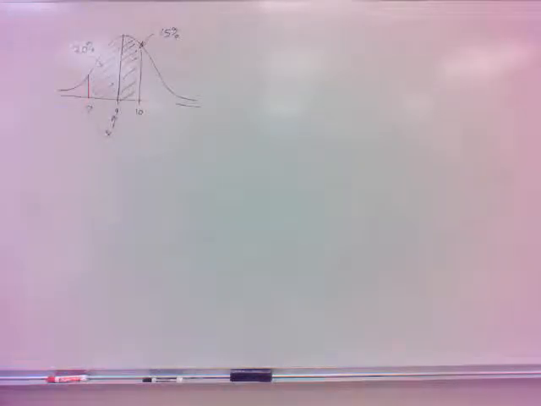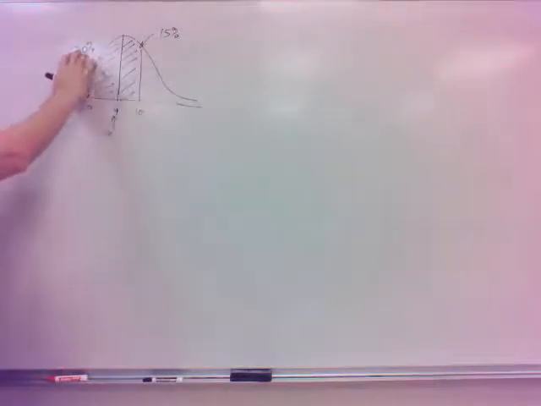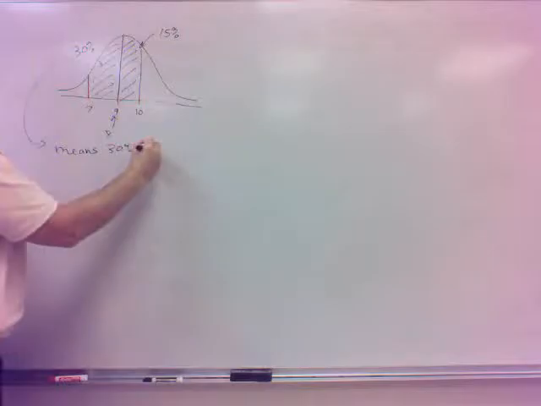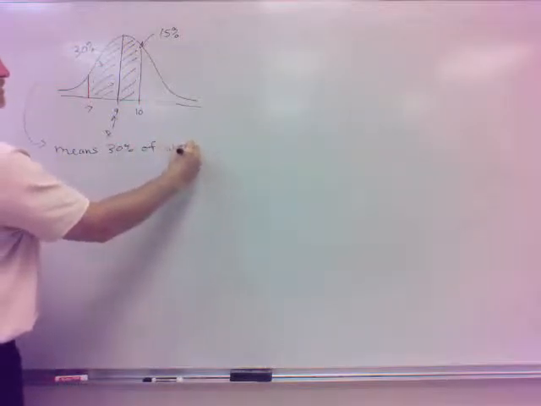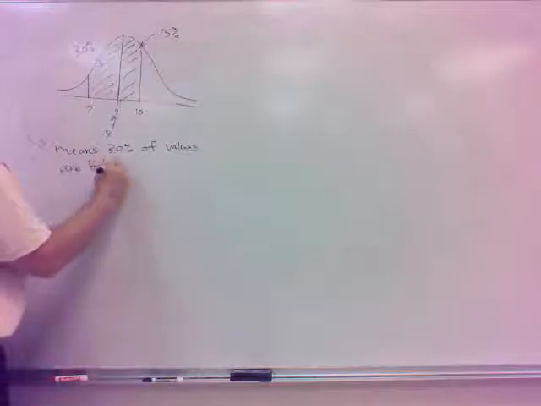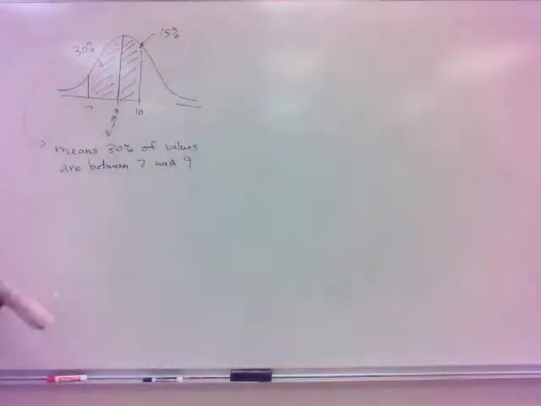But here's what we're going to be doing. Say we know these percentages. What does this 30% mean? That means there's 30% of the values between 7 and 9. You with me on that? Whatever these values are, and that brings up another point. In a normal distribution, we have been working with distributions where you can get 1 and 2 and 3.